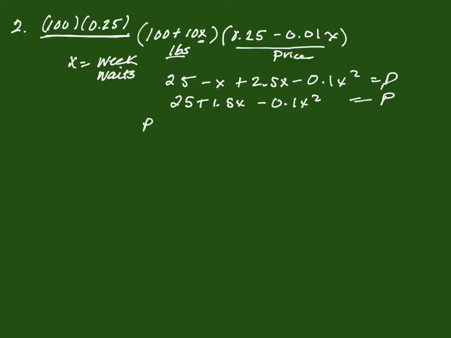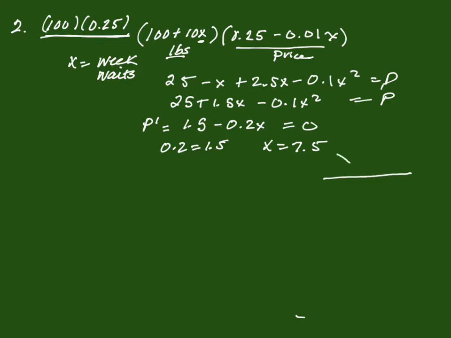And so P prime is equal to 1.5 minus 0.2x. You set that equal to 0, so you get 0.2x equals 1.5, so x is 7.5. Now x is the number of weeks after, so make sure you add those weeks to it.